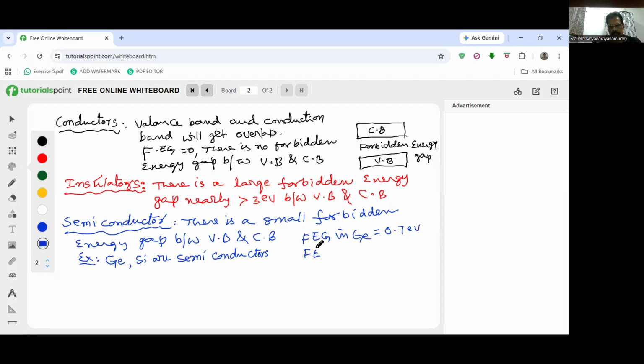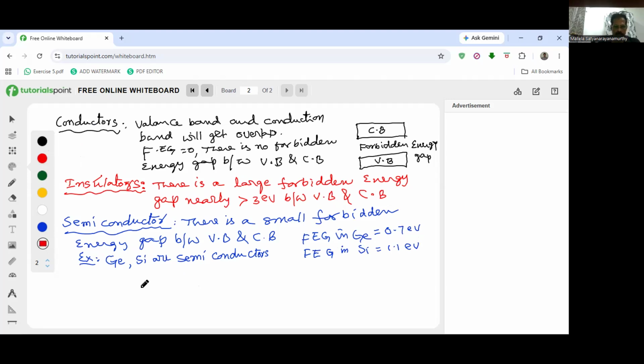The forbidden energy gap in silicon is 1.1 electron volt. So according to band theory, solids are classified into conductors, insulators, and semiconductors.